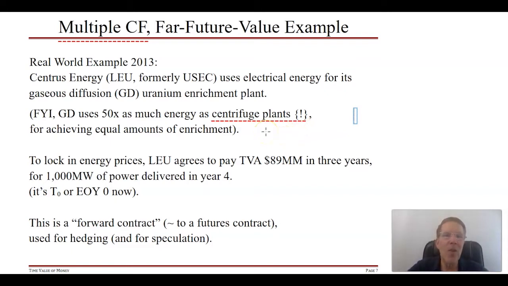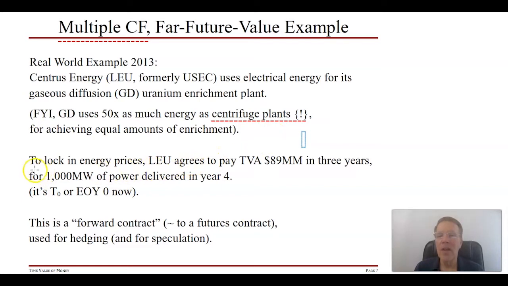Gaseous diffusion went back all the way to the Manhattan Project when they didn't really care about efficiency, they just cared about getting the job done. But now that we're looking at things commercially for nuclear plants, efficiency is very important. Okay, so USEC was the only enricher of uranium in the United States, and it was at a huge competitive disadvantage compared to everyone else in the world.